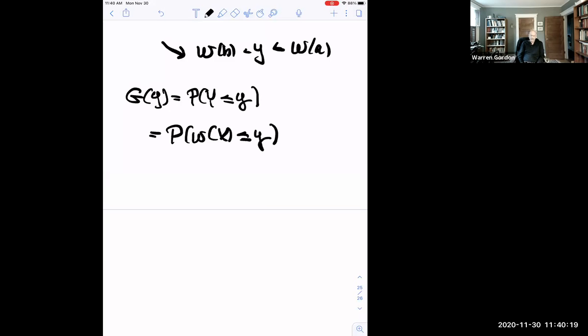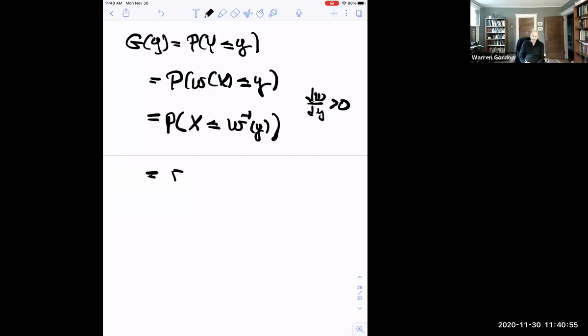Now, let's suppose w is an increasing function. In either case, I can solve for x in terms of y. So if w is an increasing function, then if I take the inverse of both sides, this is what I would get if I solve for x. So I'm assuming now it's an increasing function.